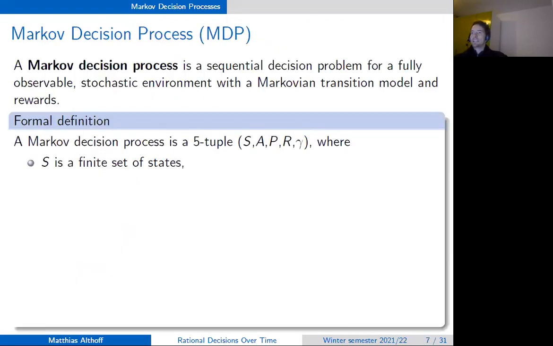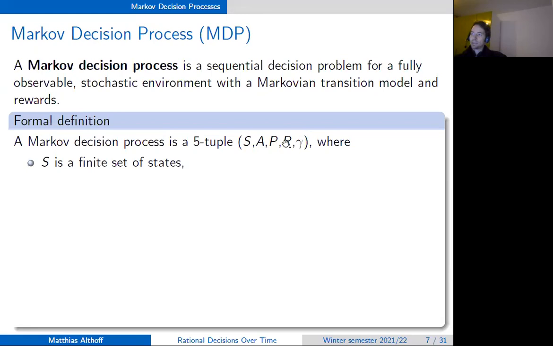Okay, so how is the Markov decision process now formally defined? Usually it's defined by a 5-tuple, where we start with the set of states S. In our example, this would be the tiles that we can reach with the robot. The set of actions would be to go up, down, left, or right. P are the transition probabilities.